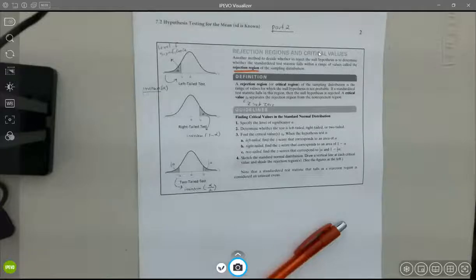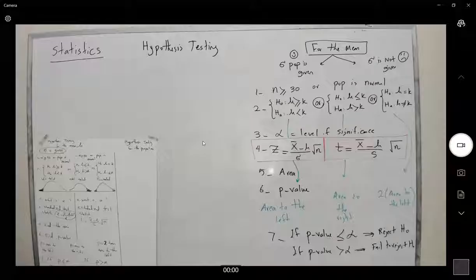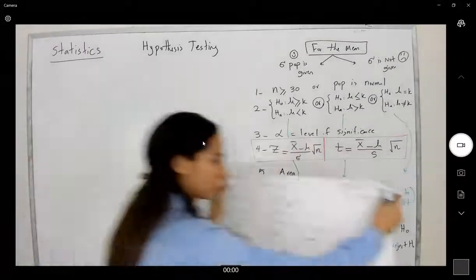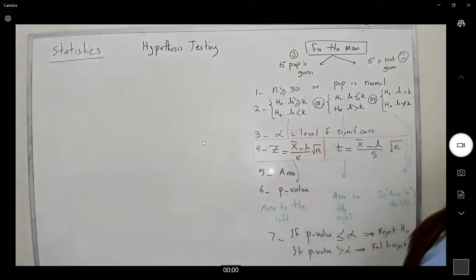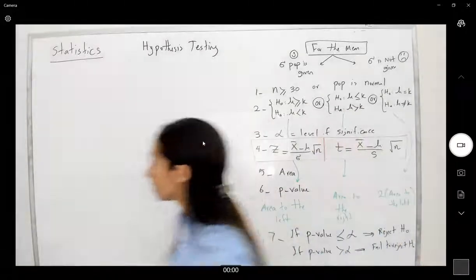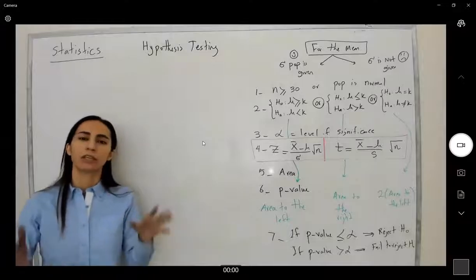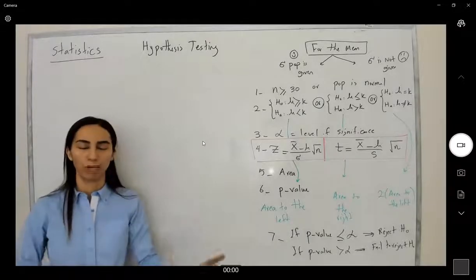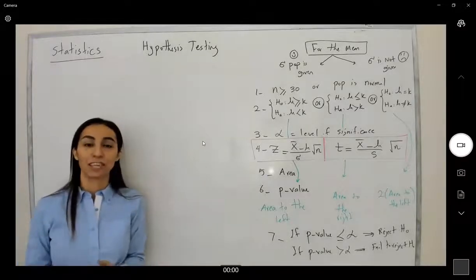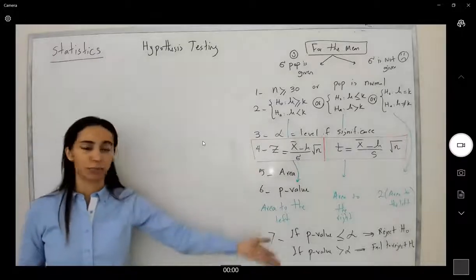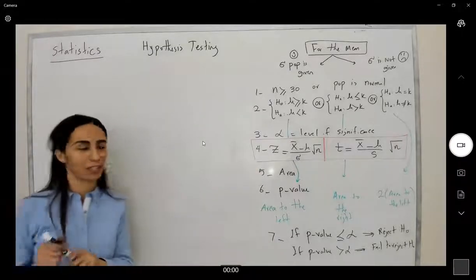Let me write down the summary for you on the board. Some people find rejection region easier to work with, but in questions, in examples, on the exam, there is no difference between using a p-value or rejection region.